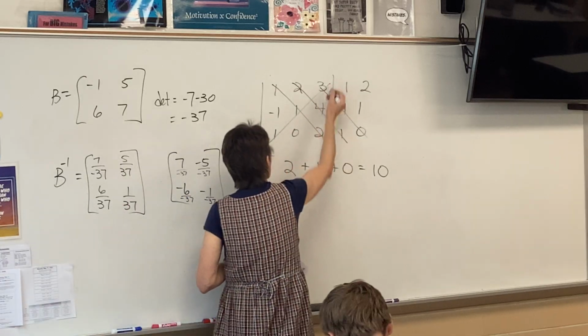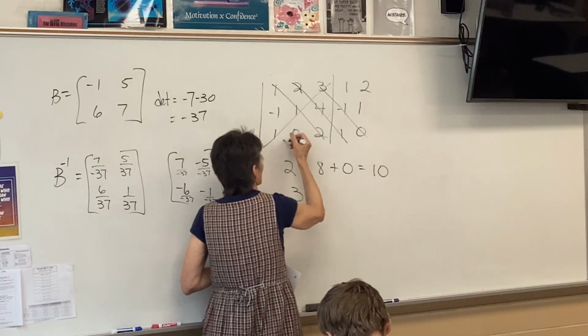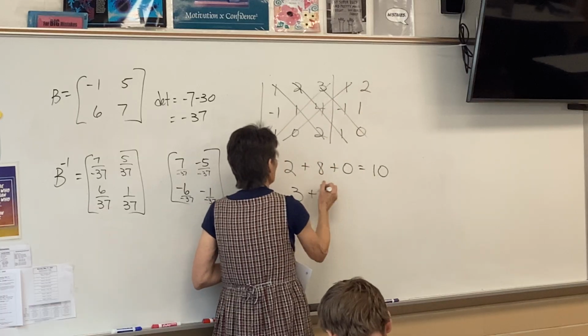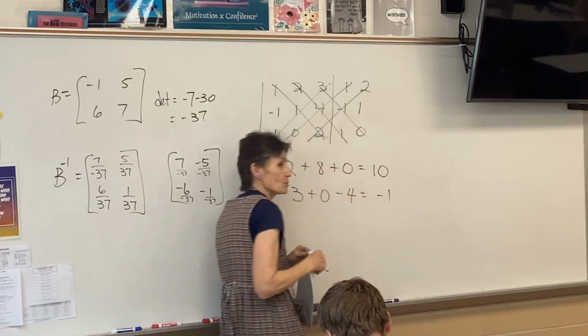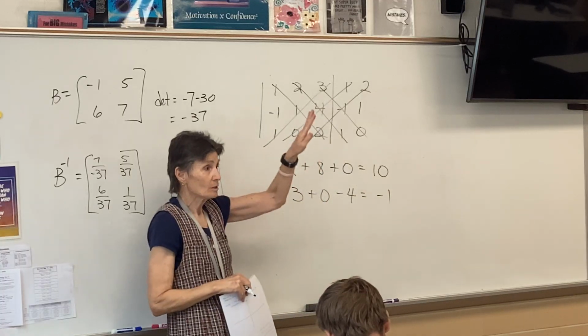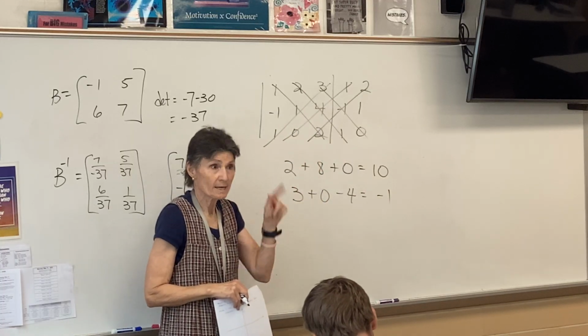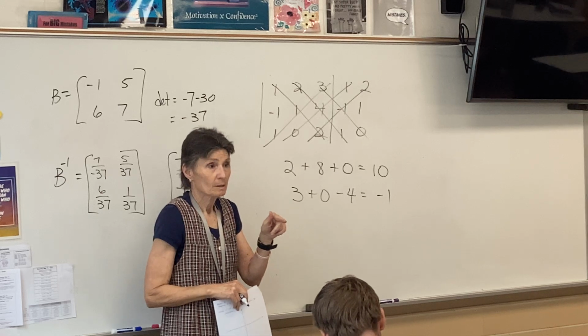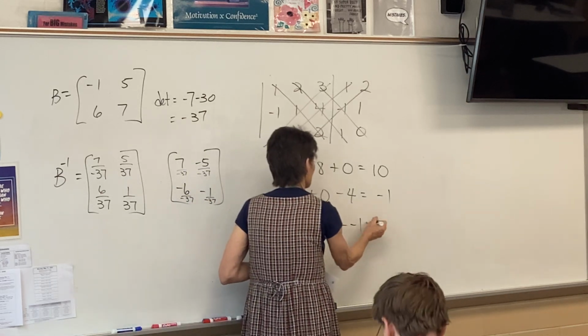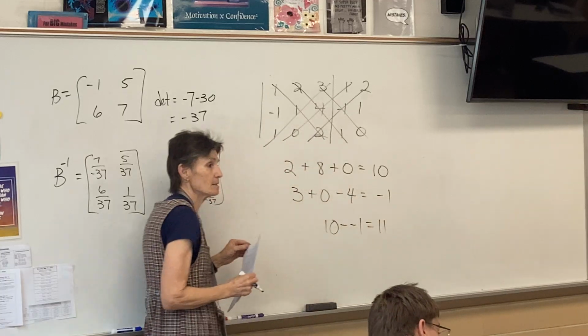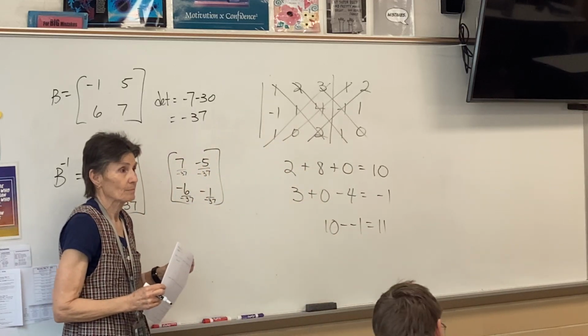So 3, 0, -4. So those total up to -1. And then what do I do with those two numbers? Subtract. So the answer is 11.